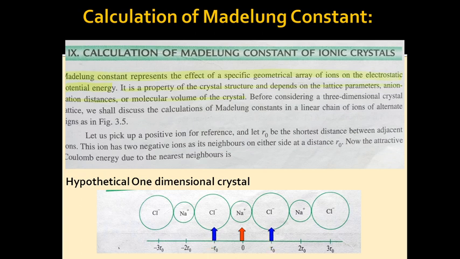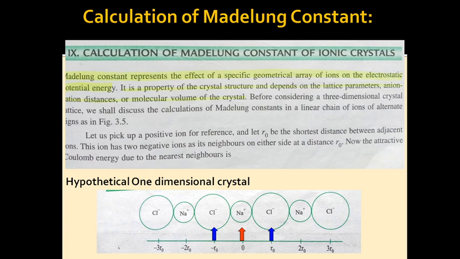If I focus on either side of that zeroth-position sodium ion, then at a lattice constant r0, the equilibrium distance where a bond could be formed between a sodium and a chlorine ion, as indicated by the two blue arrows, the adjoining ions are chlorine.